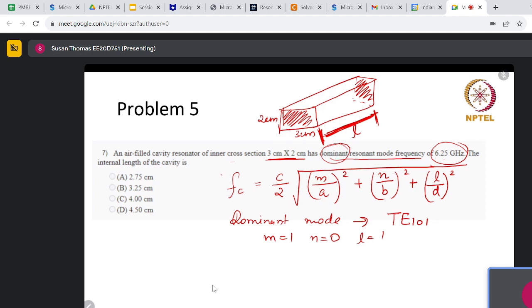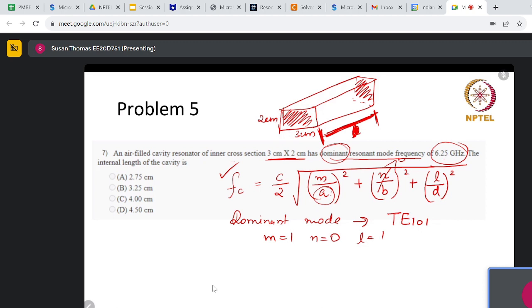Just substitute the value of fc and a. n goes to 0, so this parameter is 0. You already know what a is. What you need to find is d. Just don't confuse this l here.